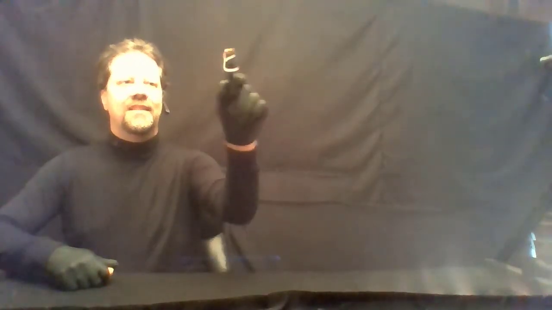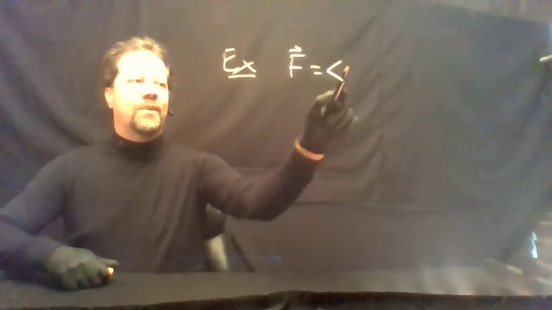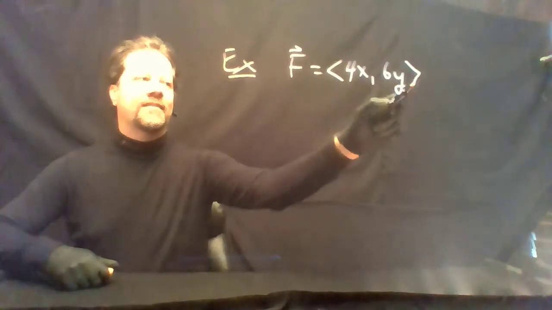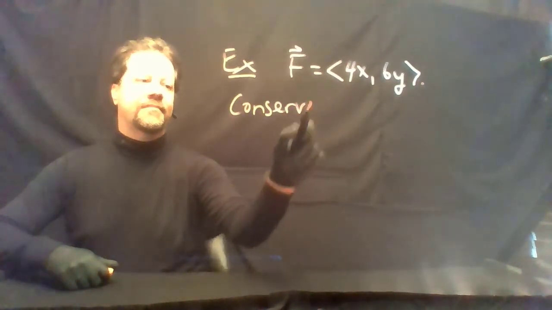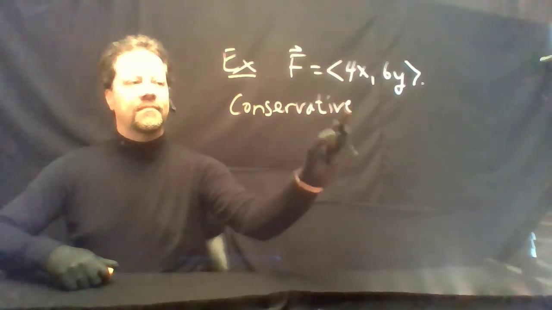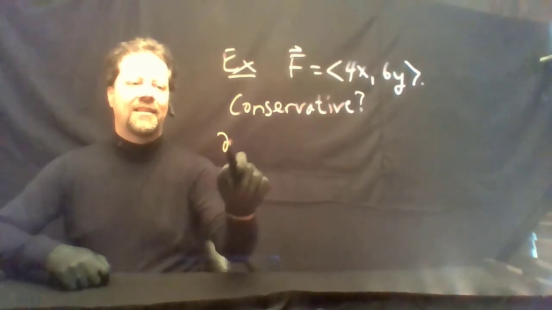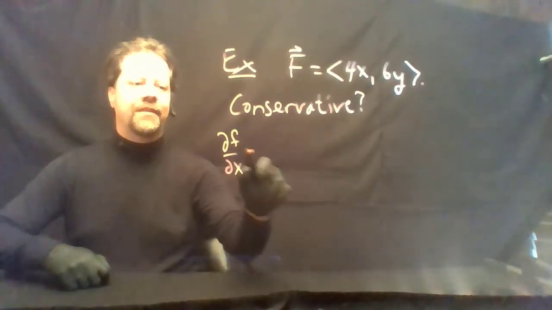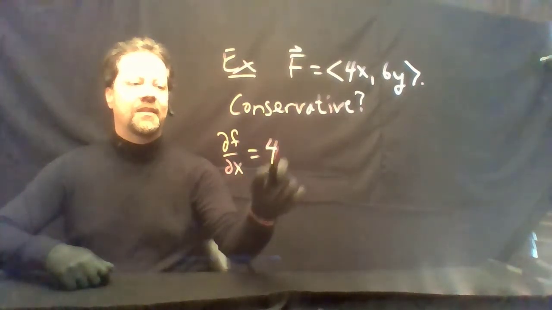As another example, suppose I have F equals, say, 4x, 6y. Is this conservative? Let's find out. If there is a potential function where the gradient is equal to this vector field, then the derivative of the potential function with respect to x must be 4x.